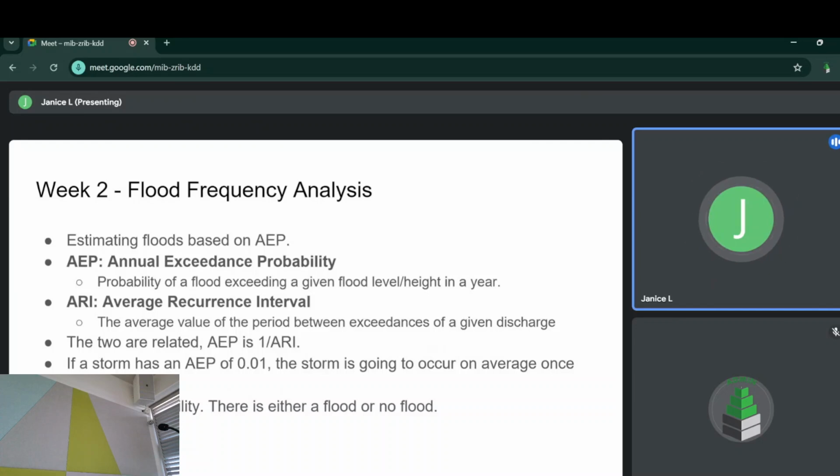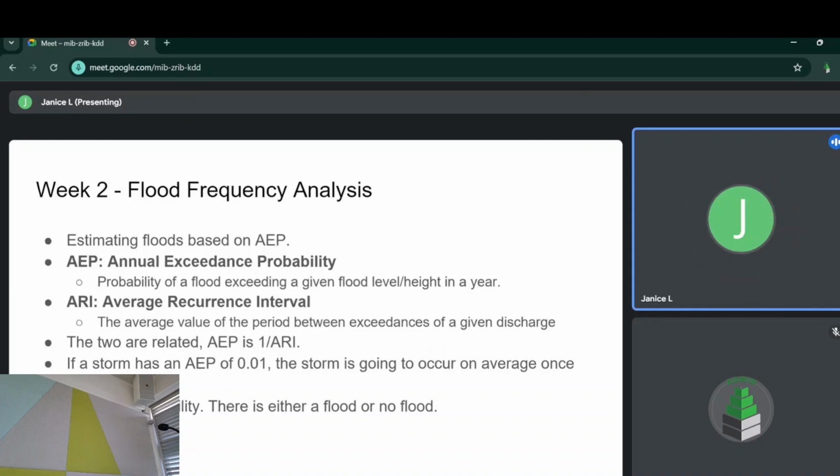AEP refers to the annual exceedance probability. It's the probability of a flood exceeding a certain given flood level or flood height in a year. Say, for example, I don't have the actual stats, but there's a certain town with a flood height of maybe 1 meter, so everything below that 1 meter is going to get submerged.